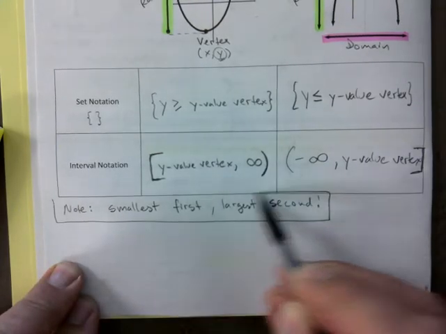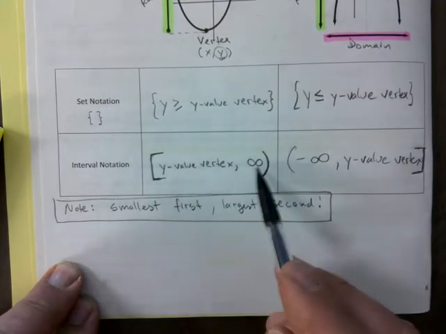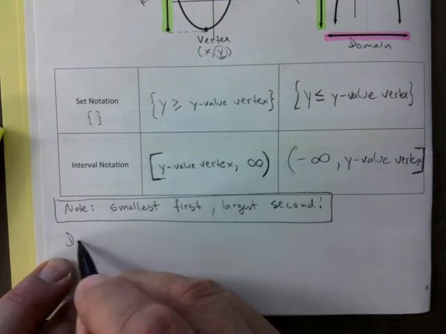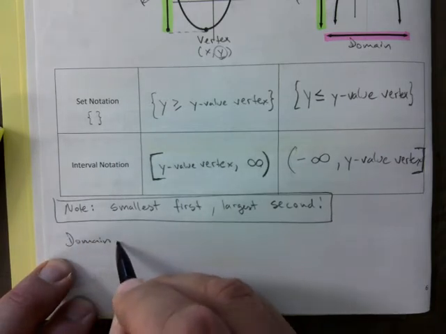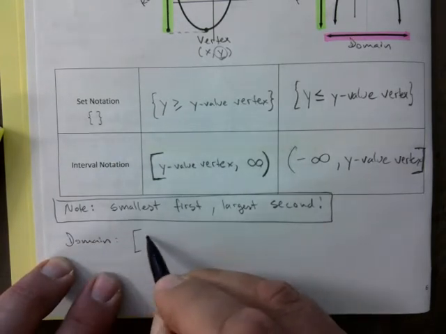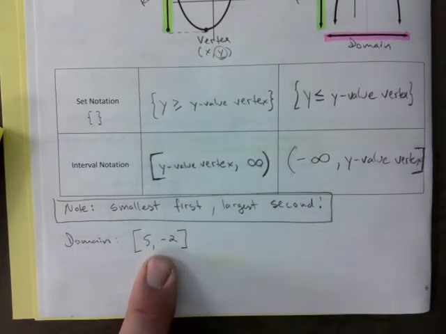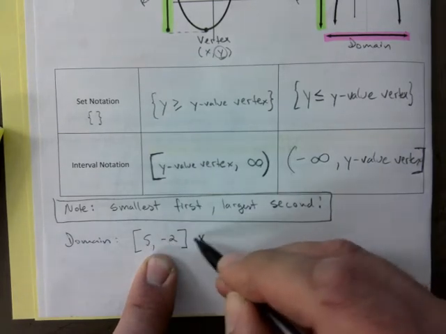The smallest number always comes first, then the largest comes next. So for domain, if you are ever tempted to write down something like this because these values show up, you immediately should be like, that's wrong.